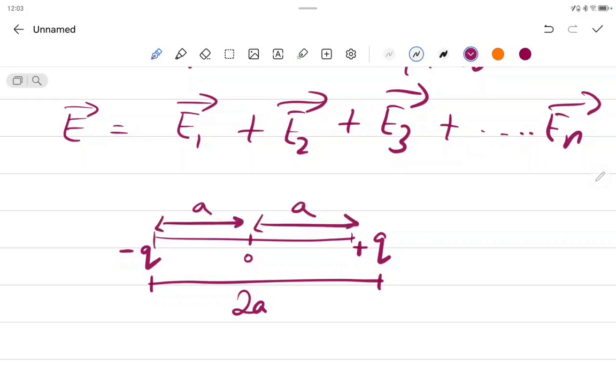The electric dipole is denoted by P. The length is 2a and the charge is q, so we take it as the product of the distance and the charge. Two equal and opposite charges separated by a small distance is the electric dipole. The dipole moment is a vector quantity.